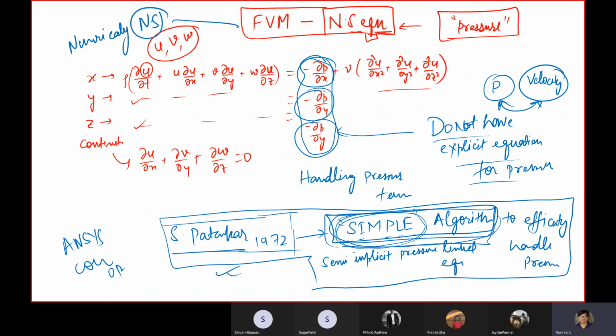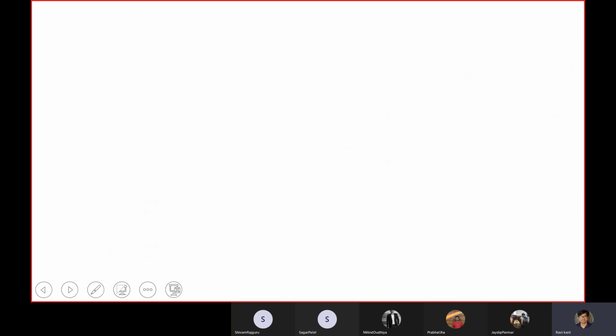We will talk about the SIMPLE algorithm probably next week, but today we will discuss something called staggered and collocated grids.